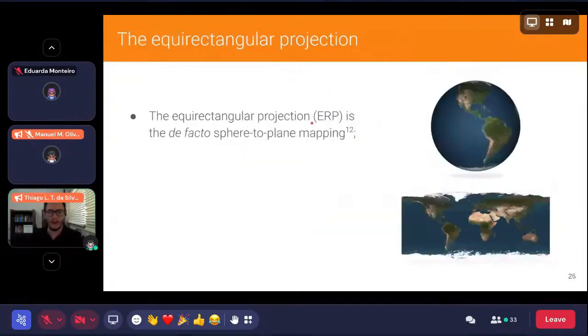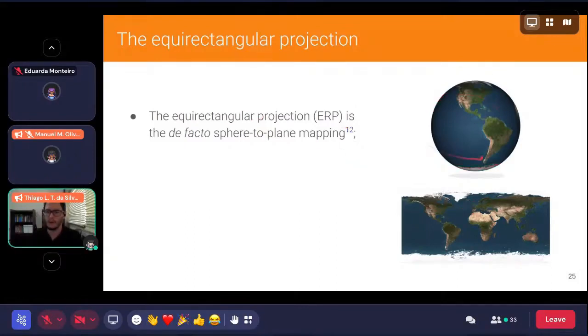Okay. Well, there is one mapping that I did not show you in the previous slide that we call, in Portuguese, mapa mundi, or world map. This mapping function is actually called the rectangular projection of the sphere, and it is the standard sphere to plane mapping function or representation.